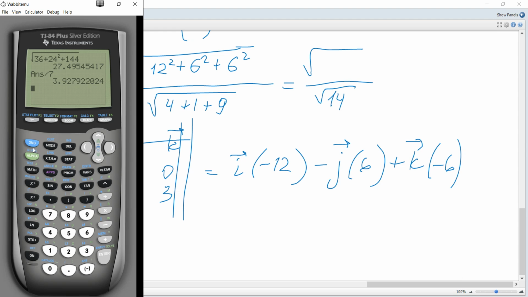So it becomes the square root of 12 squared plus 36 plus 36, divided by the square root of 14, and we can see that we get the same result.